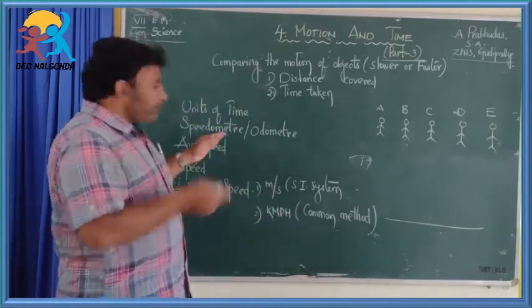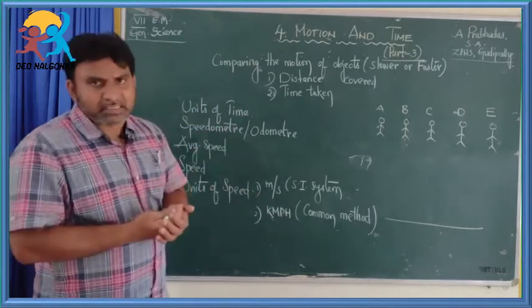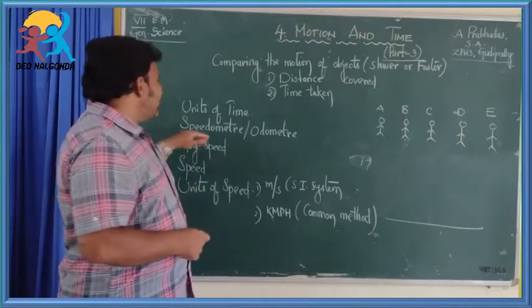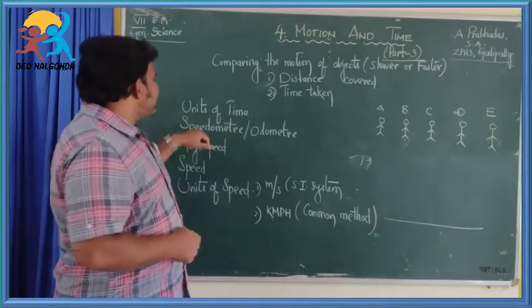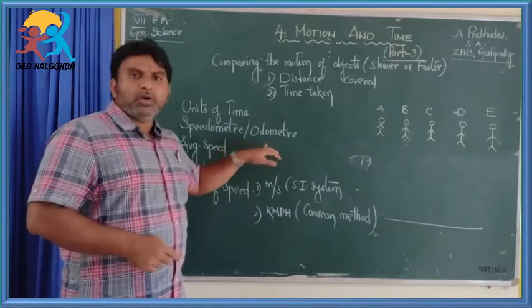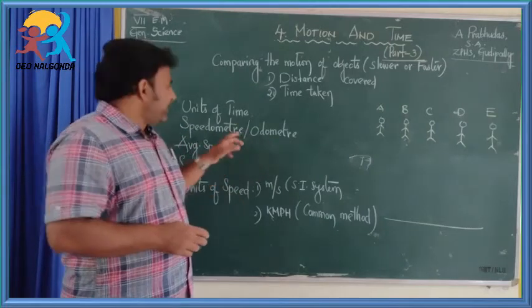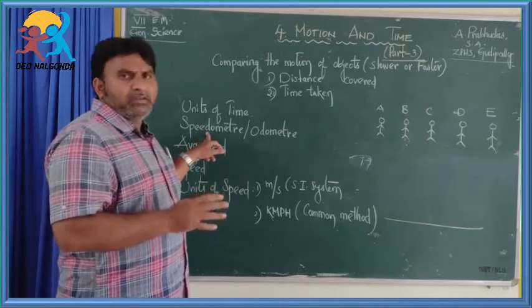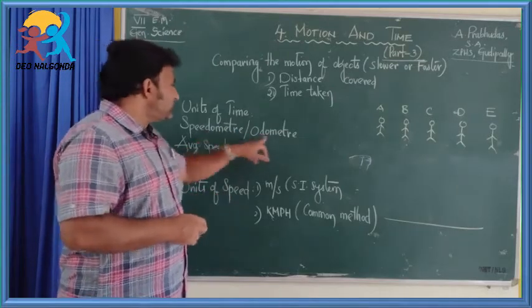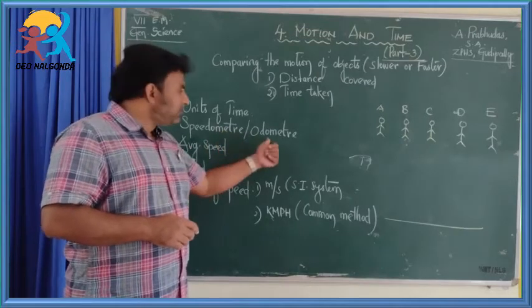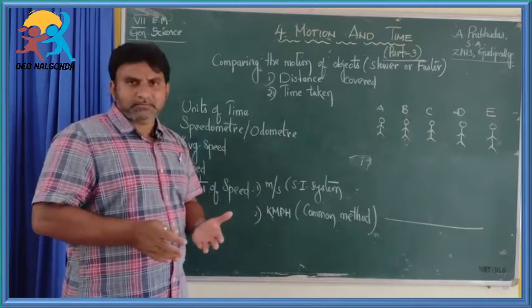In all of the vehicles, you can see speedometer and odometer. In all the vehicles you can see these two instruments, one is the speedometer and the other one is the odometer.